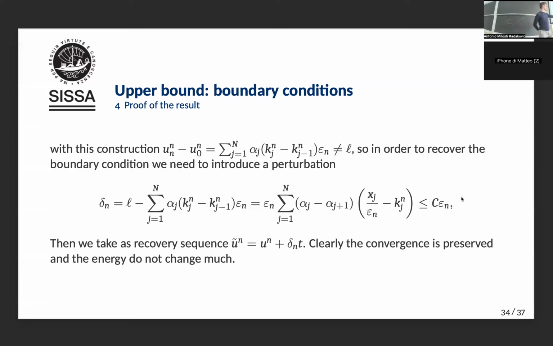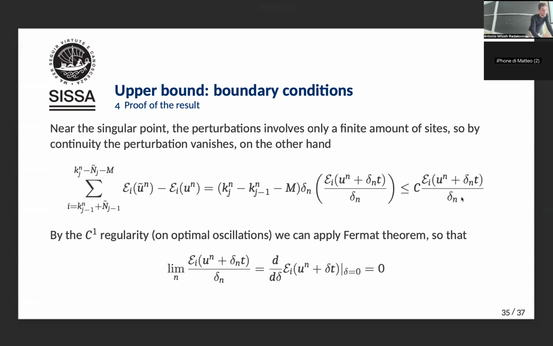Our recovery sequence will be this U tilde n, defined as the previous sequence plus this delta n perturbation. This is not causing any problem for the convergence of the sequence because this delta n is going to 0, and actually is going to 0 as epsilon n. The problem is maybe for the energy.